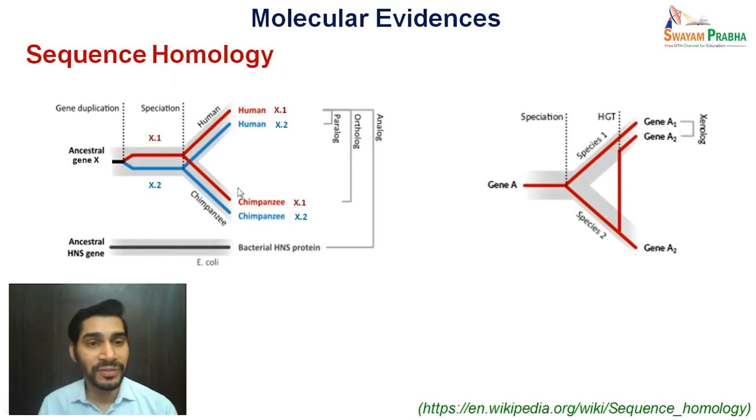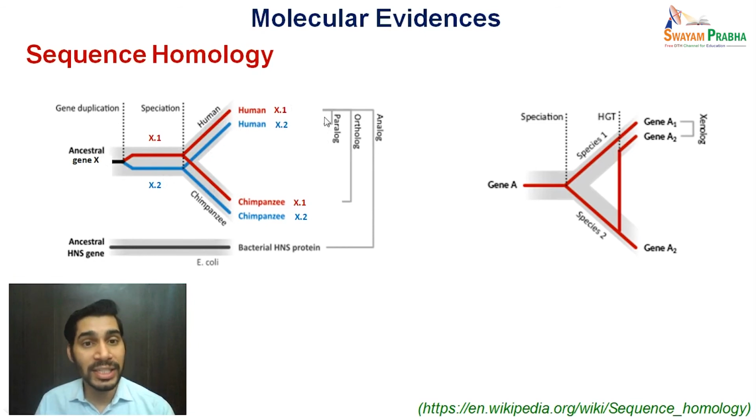Now you remember this figure we discussed earlier, where an ancestral X gene has undergone gene duplication and given rise to different forms X.1 and X.2, which because of speciation have gone to humans and chimpanzees. So human X.1 compared to human X.2, the genes or sequences arising because of duplication, are called paralogs.